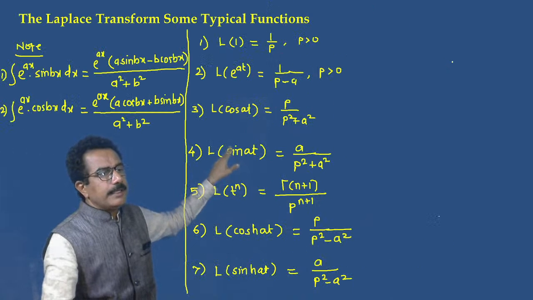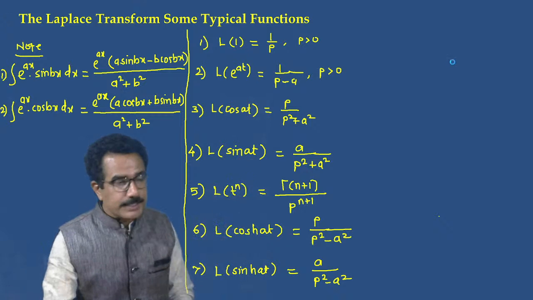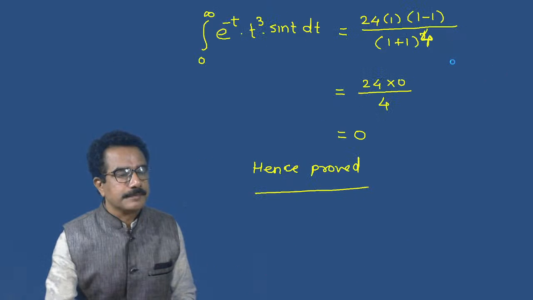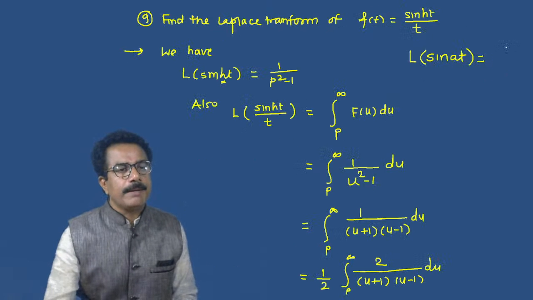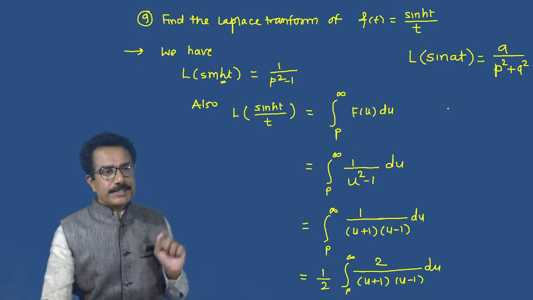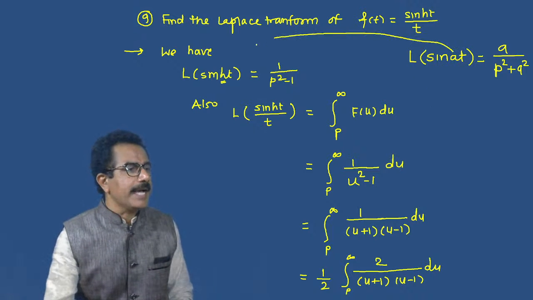Now sine at means a divided by p square plus a square. But you don't confuse this a and h.